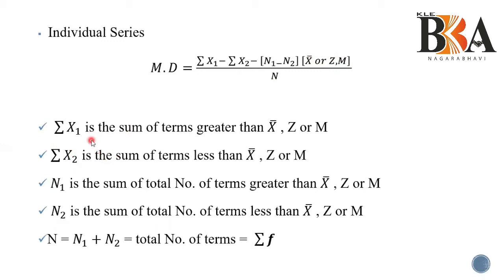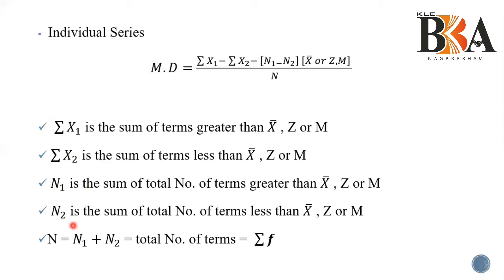So we will know what the values are. Sigma x1 is the sum of terms greater than the mean, median or mode. If the terms are greater than the mean, median or mode, their sum is called sigma x1. If the terms are less than it, their sum is considered sigma x2. n1 is the total number of terms greater than the mean, median or mode, and n2 is the total number of terms less than the mean, median or mode.